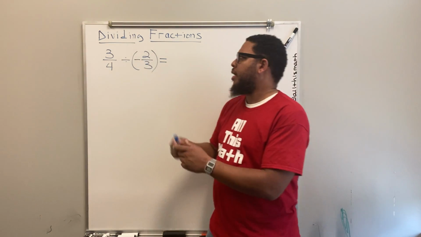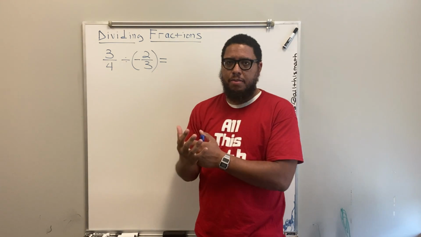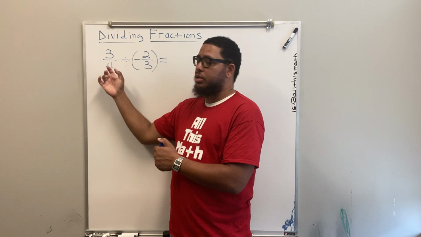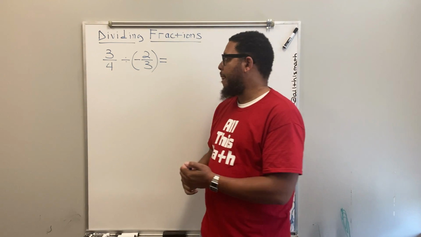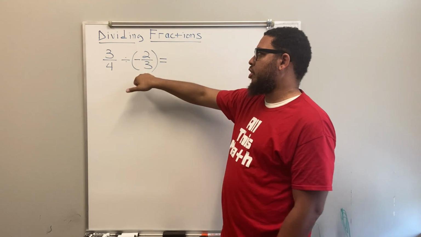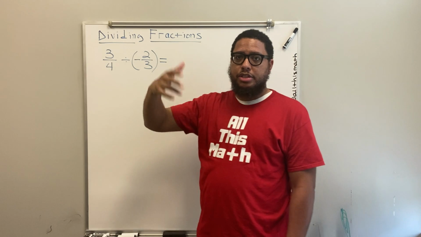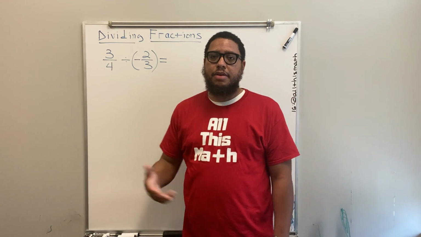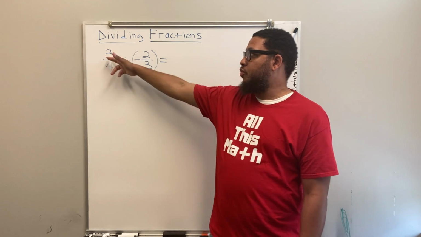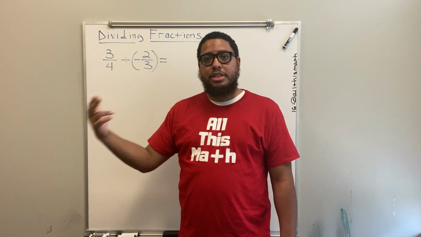So in this case, how many 2/3 pieces of something can fit into 3/4 of a piece of something? Because here we've got two different fractions. I know that 2/3 is less than 3/4 because the way I think about it is I convert to decimals, and I know that 2/3 is like 67 cents out of $1. I know that 3/4 is like 3 quarters, and we know a quarter is 25 cents, so 3/4 is 75 cents.